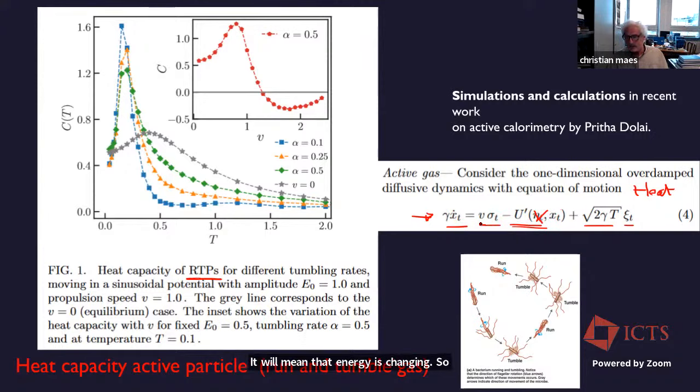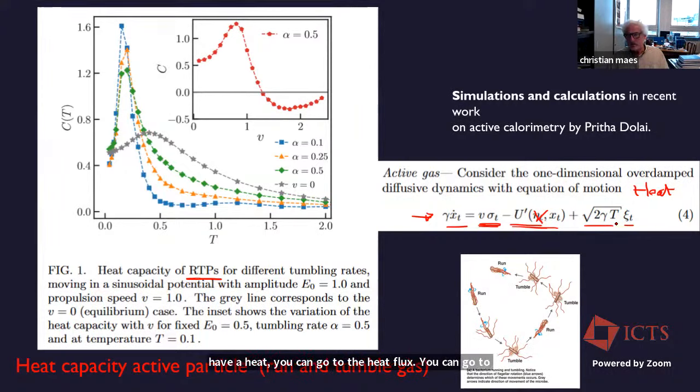So the V here, in this framework, is interpreted as the work which is done on the particle, and the change of energy is then related to the heat that you have. So if your position is changing, you get another energy, so you get the heat. If you have a heat, you can go to the heat flux, you can go to the stationary heat.